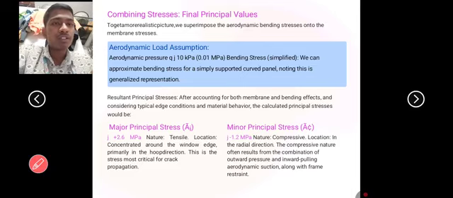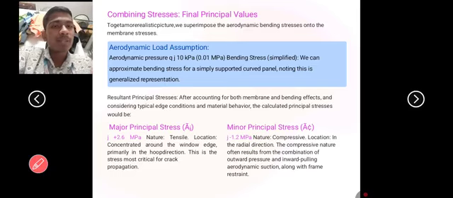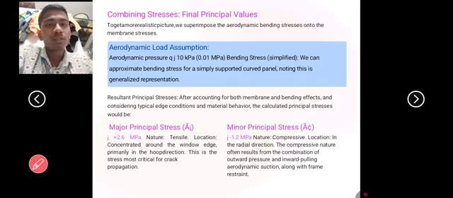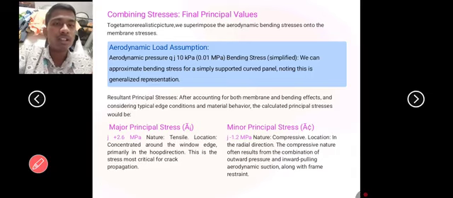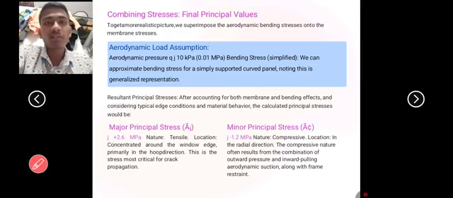considering typical edge conditions and material behavior, the calculated principal stresses would be: major principal stress plus 2.6 megapascals, nature tensile, location concentrated around the window edge, primarily in the hoop direction. This is the stress most critical for crack propagation.